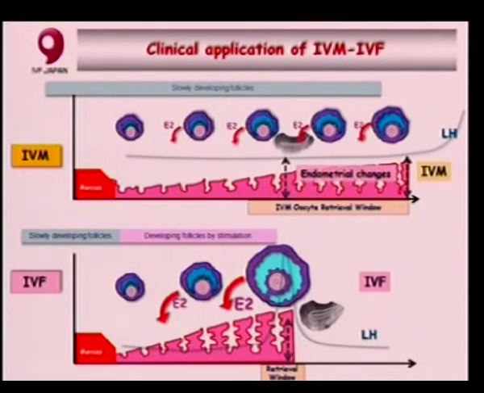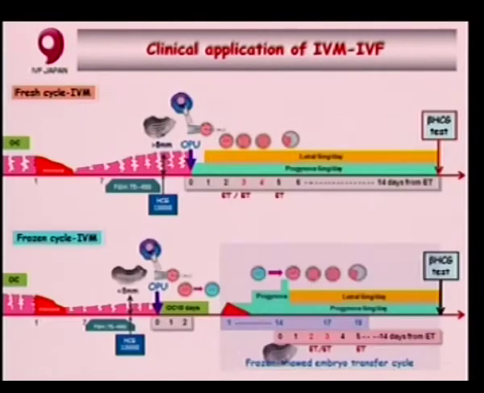But for IVF, there is ample estradiol for the endometrium, so the endometrium thickness is enough. From that point, we made this protocol. Somebody already asked: when endometrium thickness is more than 8 millimeters at the time of HCG, we transfer fresh.